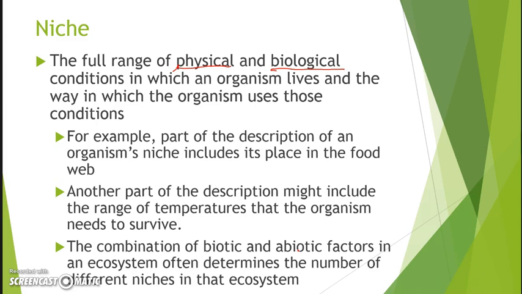And then, like I stated above, the combination of biotic and abiotic factors in an ecosystem often determines the number of different niches in that ecosystem. So what is present in the ecosystem affects the number of different niches. So that determines, are there going to be a lot or are there going to be a few?